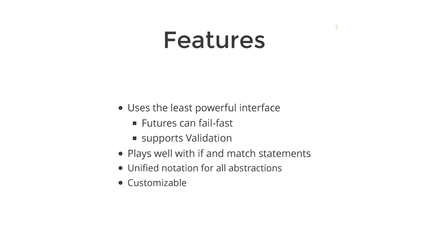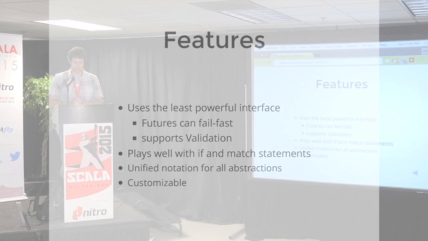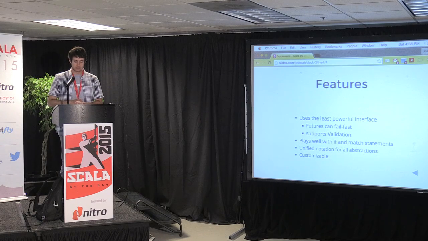So, for expressions. Expressions are notation for all the things. So what are the features? It uses the least powerful interface, and so it uses applicative when it can, instead of using monad all the time. And that means that features can fail fast. It also means that you can use validation inside of expressions.